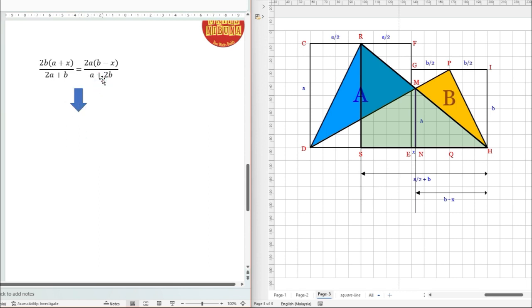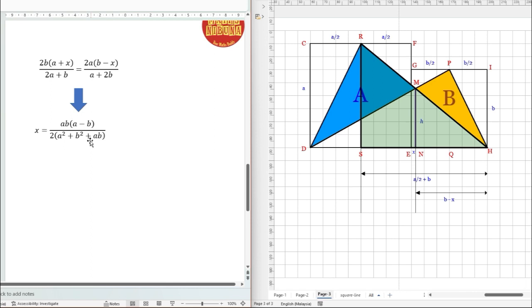The final answer is x equals ab(a minus b) over 2a squared plus b squared plus ab. This is the value of x. If it were a squared plus b squared plus 2ab, we could simplify, but this one we cannot, so we will leave it like that.